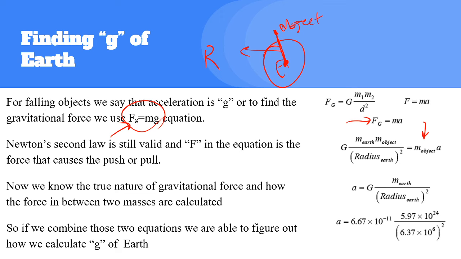And once you put all of the numbers into the equation, you will see that a is the number that we know of, which is 9.81. So gravitational acceleration on our Earth depends on those properties: the gravitational constant, the mass of the Earth, and the radius of the Earth squared. As you can see, it doesn't depend on anything else. It only depends on the properties of Earth.